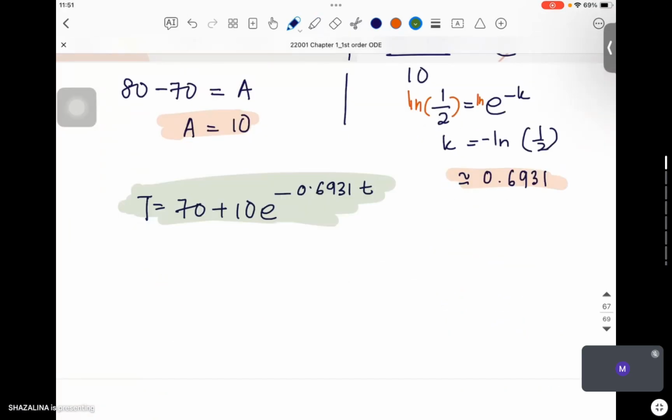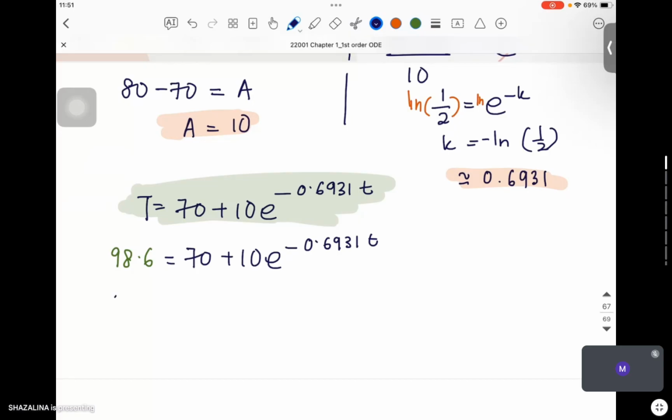Substitute 98.6 equals 70 plus 10 e^(-0.6931t).